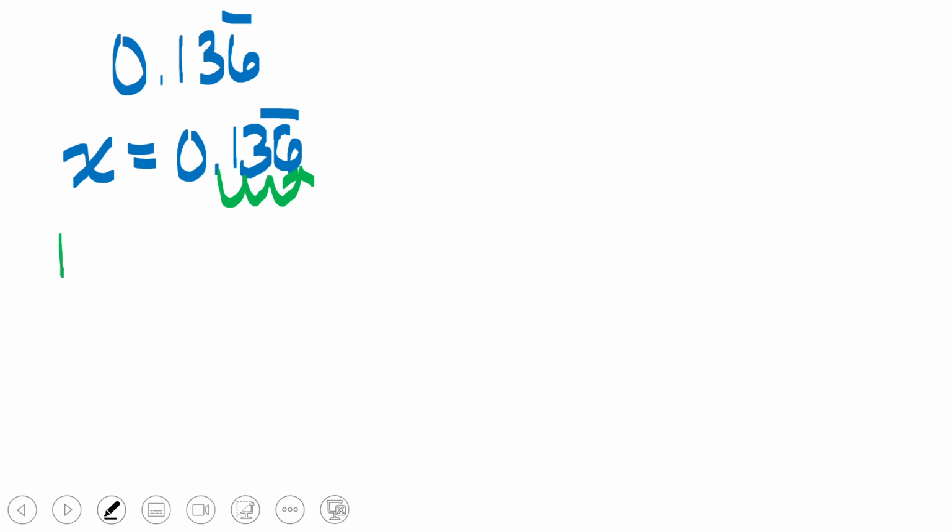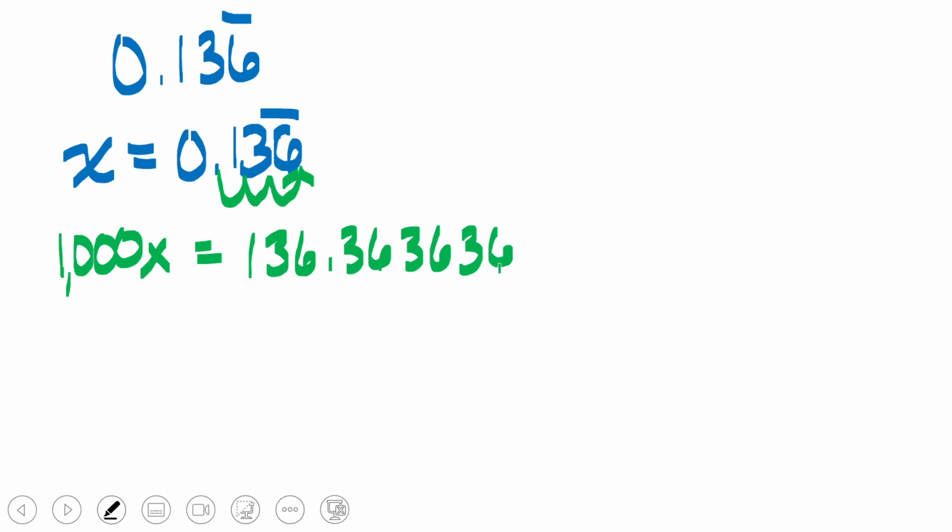But look what happens here. Just the 363636 repeats after the decimal now. We kind of got rid of the 1 in the pattern. Okay, this is where we take it up a notch. You're going to look this over and see what whole number you can get from your original expression you created just by setting what you were given equal to x.